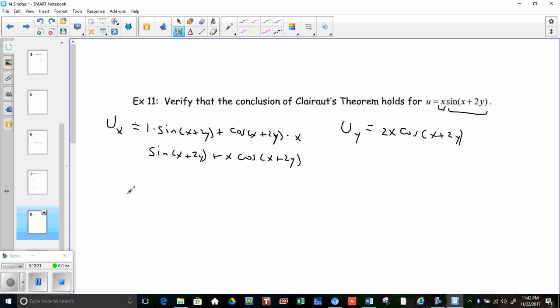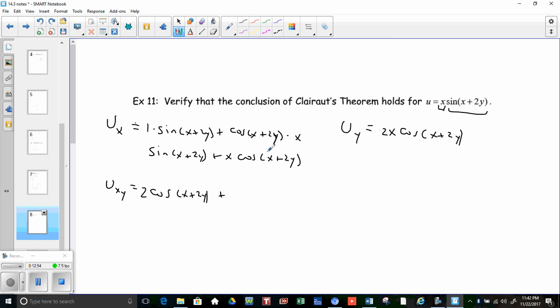Now let's take the second partials, but we only need to do it with respect to the other variable. So u_xy: the sine of x plus 2y, derivative is going to be cosine x plus 2y times the derivative of the y part this time for the second derivative, that's 2. So that's going to come out in front.